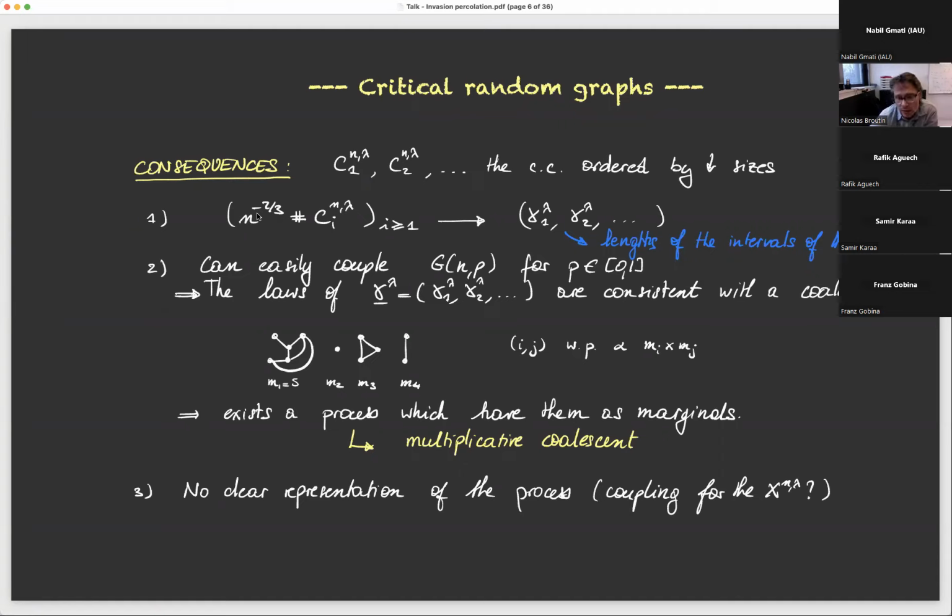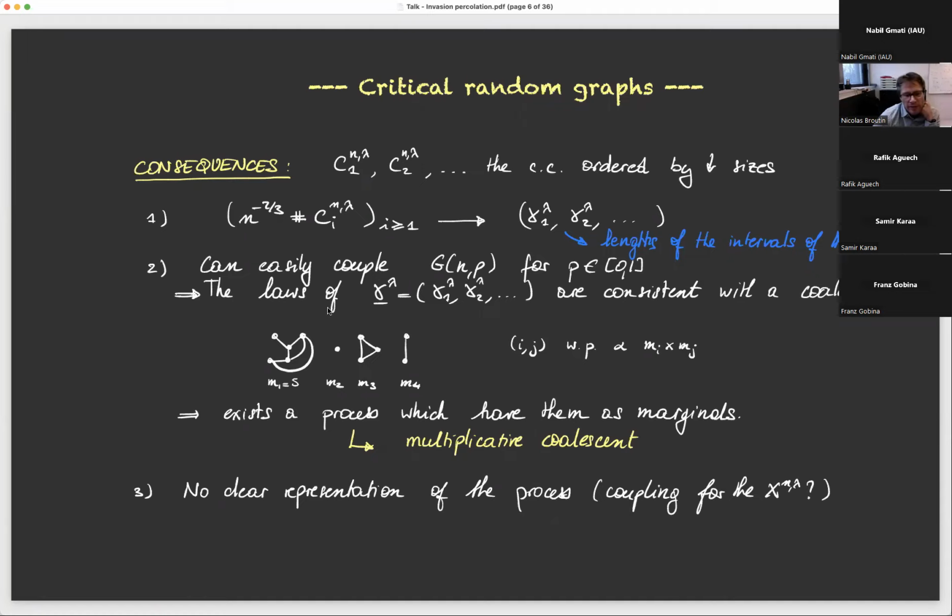If you do this, then as you change p, you really see an increasing collection of graphs, increasing for the inclusion. So you see that there's a coalescent process when you do this. As p increases, the connected components merge together. Because you have this coalescence in the discrete process, you must have the same in the limit in some way.